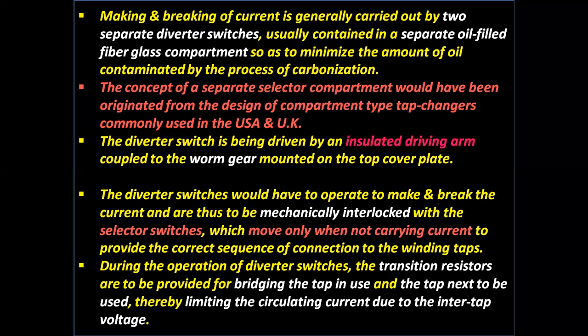During the operation of diverter switches, transition resistors are provided for bridging the tap in use and the tap next to be used, thereby limiting the circulating current due to the intertap voltage.